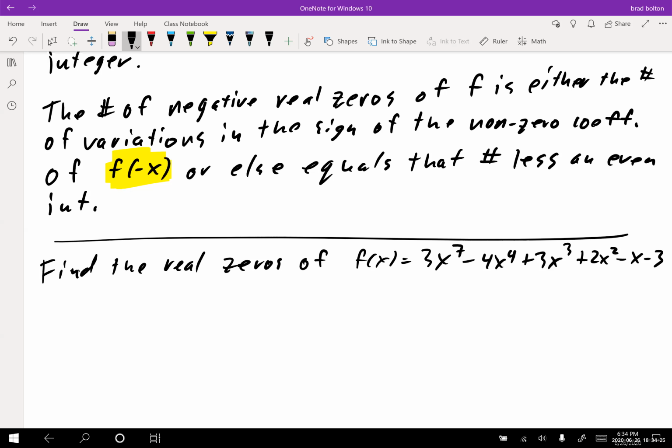Okay, that's rough. So what we do is we first look at this and see how many sign changes there are. I'm going to say number of positive reals. We're going to count the sign changes.